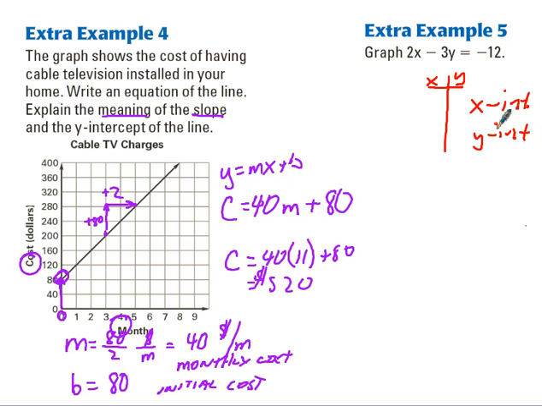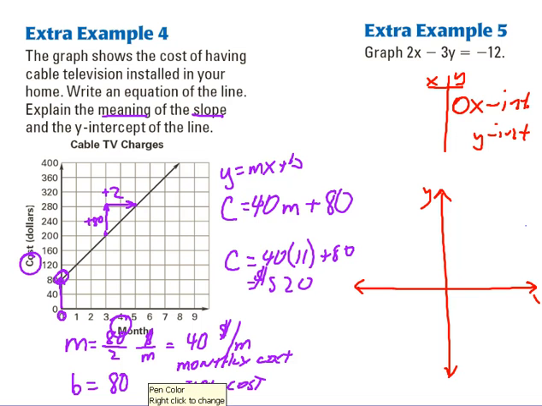So I draw my axes, x-axis, y-axis, and x-intercept is where it crosses the x-axis, and where it crosses the x-axis, it hasn't moved up or down, so my y value is going to be 0. When y is 0, that 3 times 0 makes that disappear, giving me 2x equals negative 12, or x equals negative 6 when I divide both sides by 2.